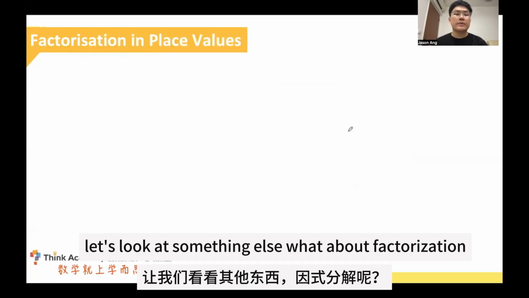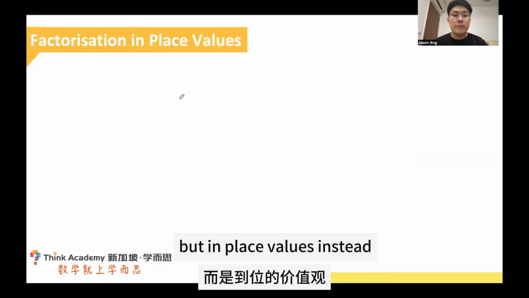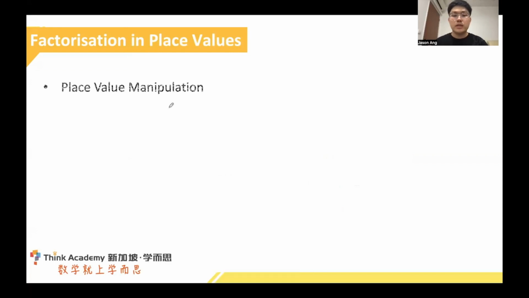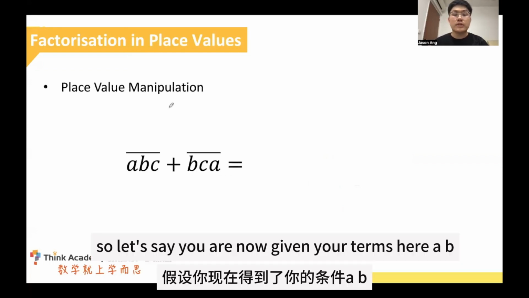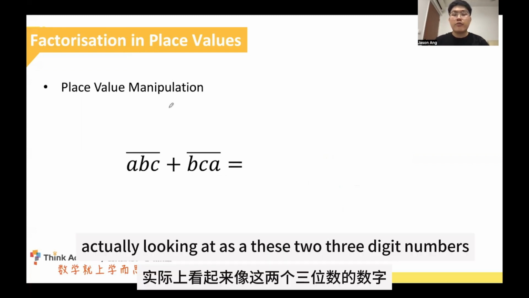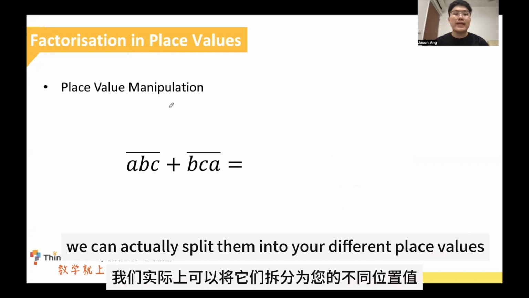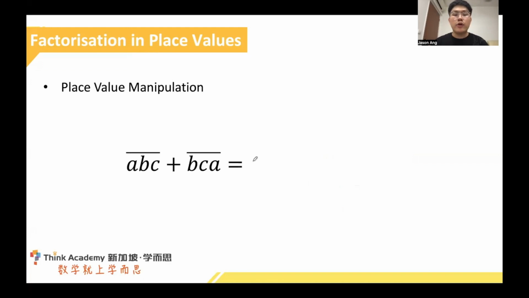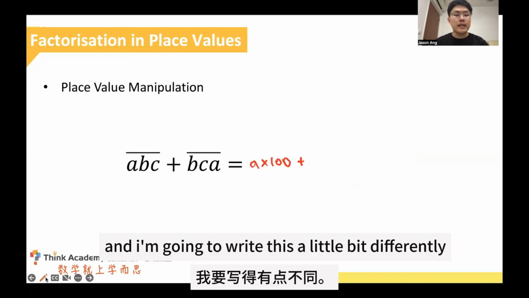Now let's look at something else. What about factorization, but in place values instead? So let's say you are now given your terms here, ABC plus BCA. Rather than actually looking at them as these two 3-digit numbers, we can actually split them into your different place values first. And we have your A times 100 plus, and I'm going to write this a little bit differently.